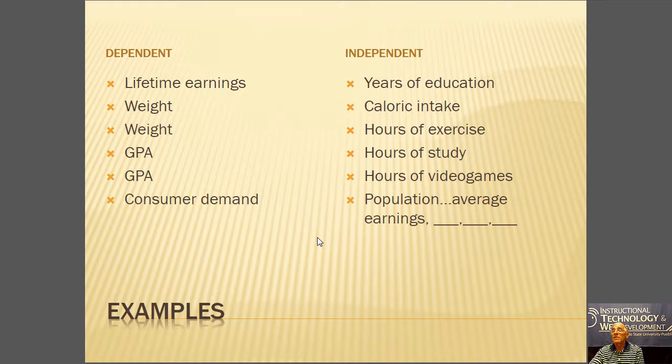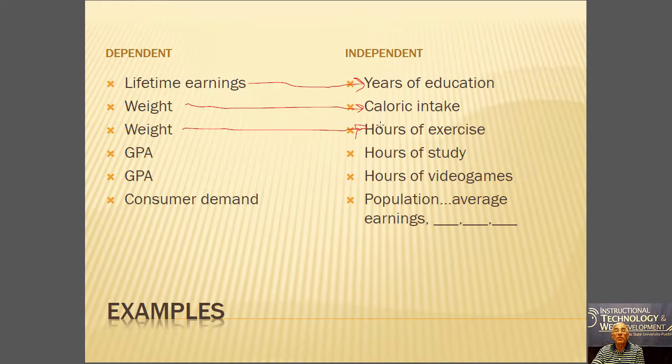Okay, here's some examples. Let's say we're trying to figure out what impacts your lifetime earnings. It would probably be safe to say the years of education you have would be a good predictor of your lifetime earnings. Your caloric intake would be a good predictor of your weight, as would be hours of exercise. So here are two independent variables, calories and hours of exercise, that both affect weight.